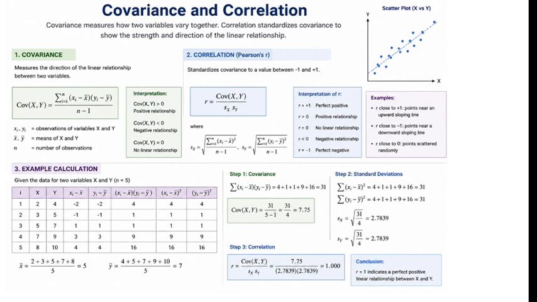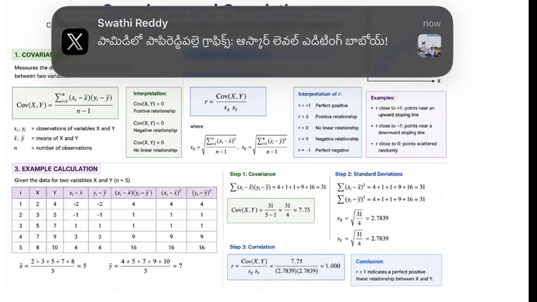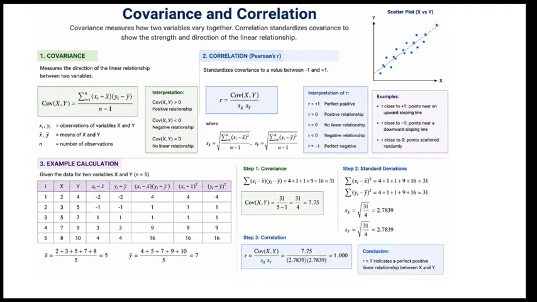The sum of the mean deviation squares of the x variable becomes the variance of the x variable, and the sum of the deviation squares of the y variable becomes the variance of the y variable. For the correlation, in the numerator we take the covariance value, and in the denominator we take the standard deviation values of both x and y variables, and with this we can calculate the correlation.